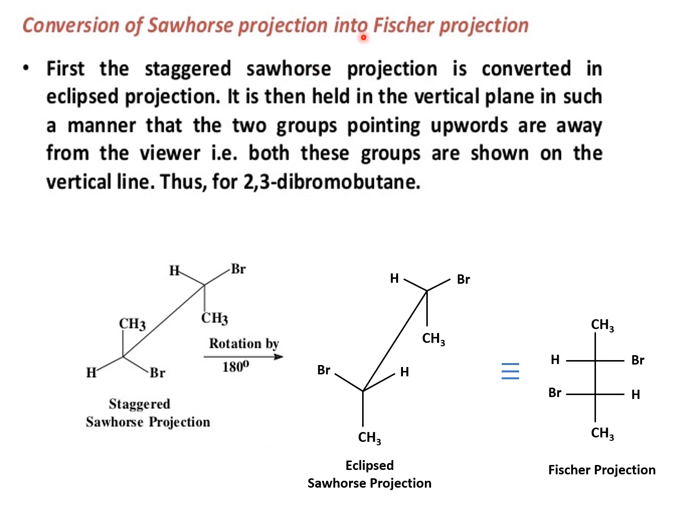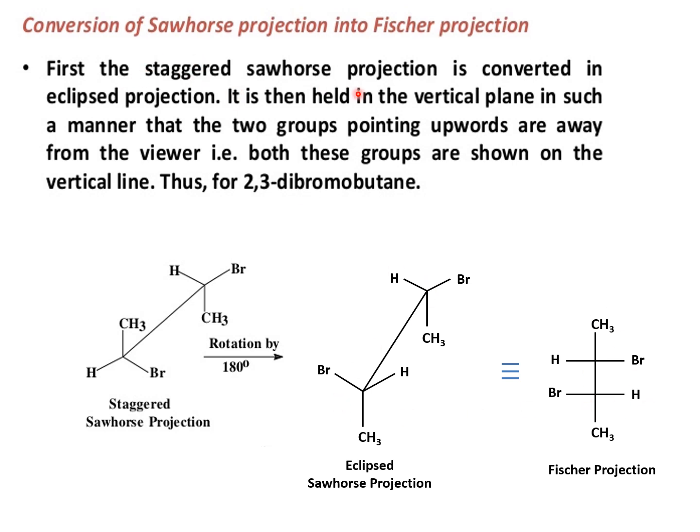Next one, Sawhorse to Fischer. Initially, what is given? A Sawhorse projection is there. Again, what is the rule to be followed? Rotation by 180 degrees. So for your staggered Sawhorse, first we have to convert to eclipsed, and from eclipsed to Fischer.